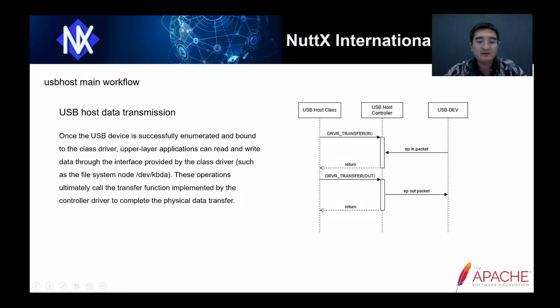Once the USB class is successfully enumerated and bound to the class driver, the upper layer application can read and write data through the interface provided by the class. These operations automatically call the transfer function implemented by the controller driver to complete the physical data transfer.